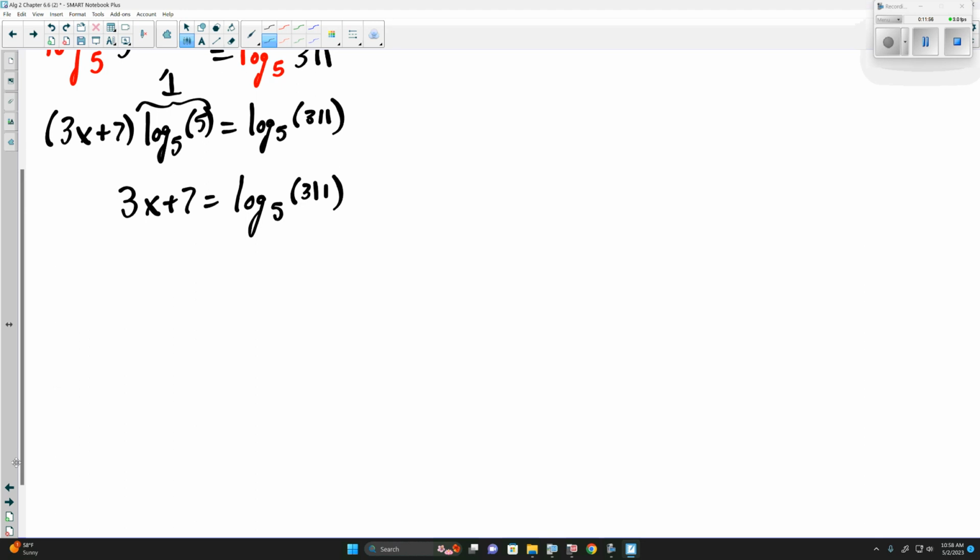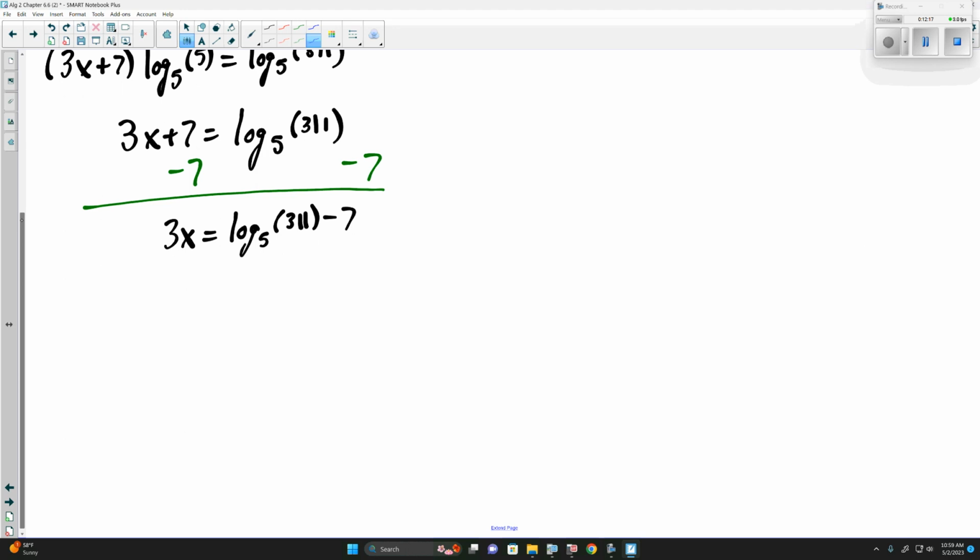Is x by itself? So the first thing we can do in solving for x is subtract 7, telling us that 3x is equal to log base 5 of 311 minus 7. So we wouldn't subtract the 7 from 311 because the 311 is being applied to the log base 5.